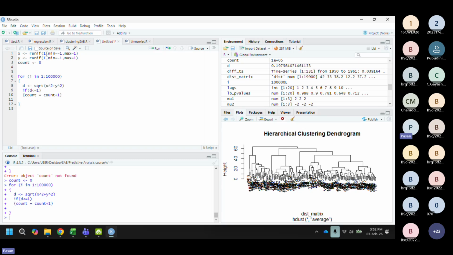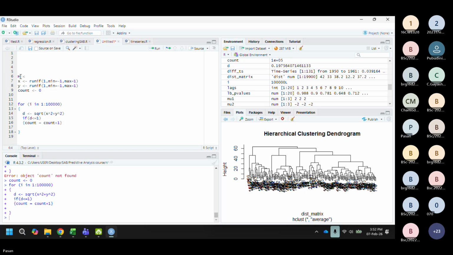Okay, I forgot something here, right? So I think what I can do is something like this. I'll define some variable as m here, and I can put that as 10,000 or 100,000, right? And then I can put that m here. So that means now I'm asking it to generate x as 100,000 observations and y as 100,000 observations.